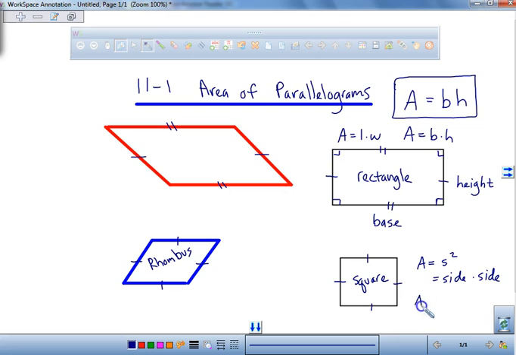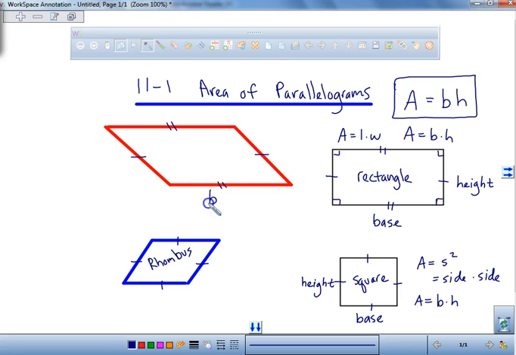But it still is the base times the height. In a square, the base and the height just happen to be the exact same measurement. That's the base, that's the height, also known as the side times the side. It's kind of hard to screw these up. You have to really work hard at messing these guys up, right?